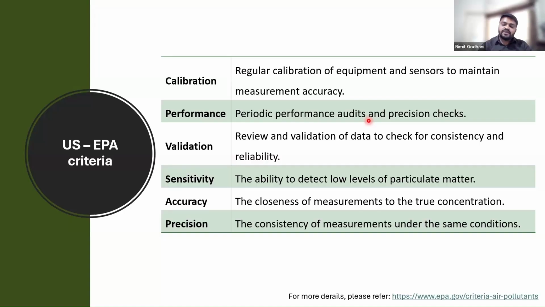For that, seasonal calibration is also required, and to account for humidity and temperature, we need cross correlation between temperature and humidity metrics to rely on the PM concentration.